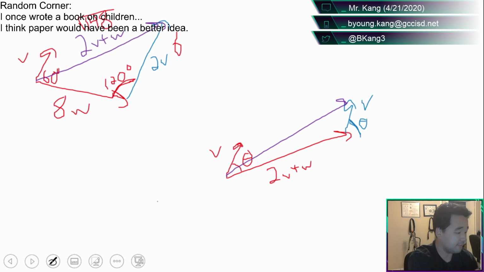If you take a look at the first picture, you see how that 60 degrees originally gets chopped up a little bit whenever you draw 2v plus w in the middle of it? So we can actually use law of sines, because we're on this whole triangle kick for this problem anyways. You can use law of sines to figure out what this angle and this angle are, so you can solve the entire triangle essentially.